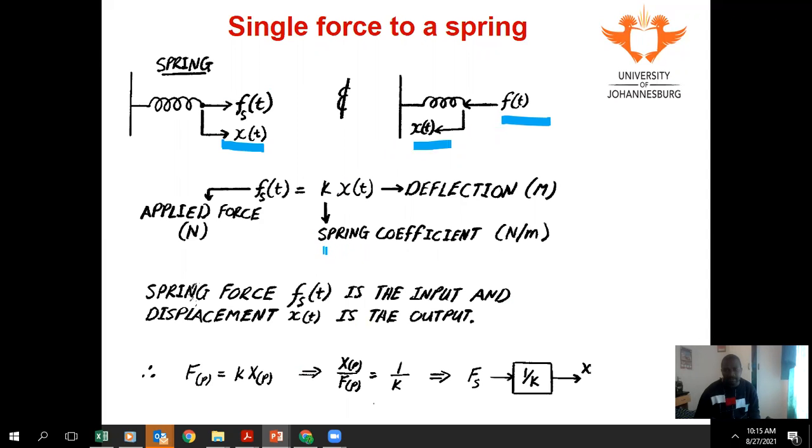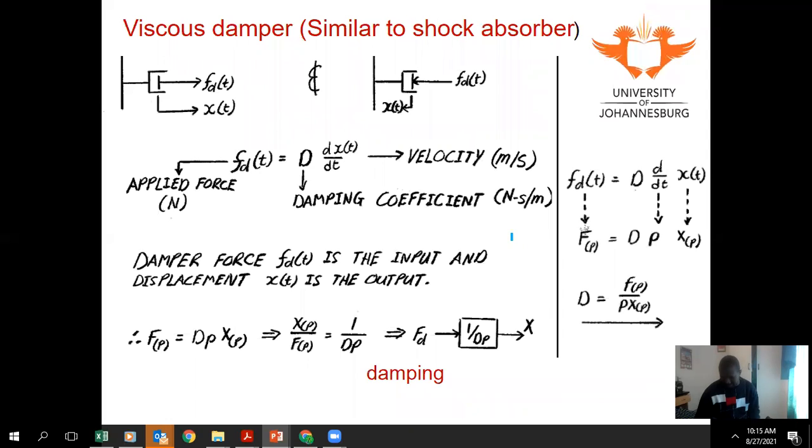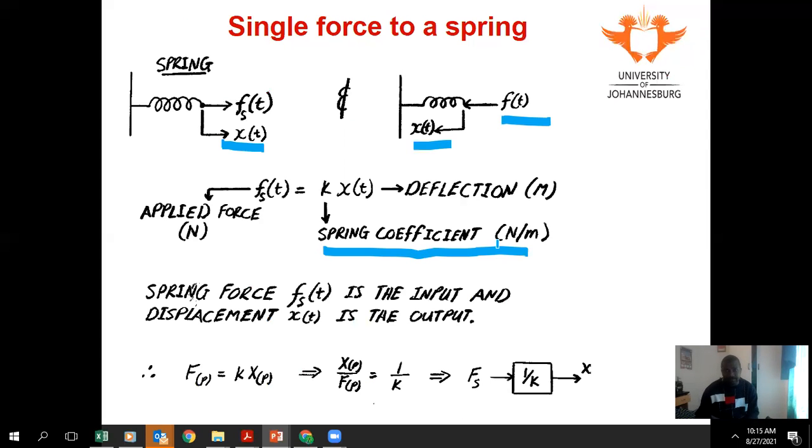It will have some form of coefficient of resistivity expressed in Newton meters. Overall, the force of a spring with respect to time equals the proportional constant K multiplied by the displacement with respect to time.